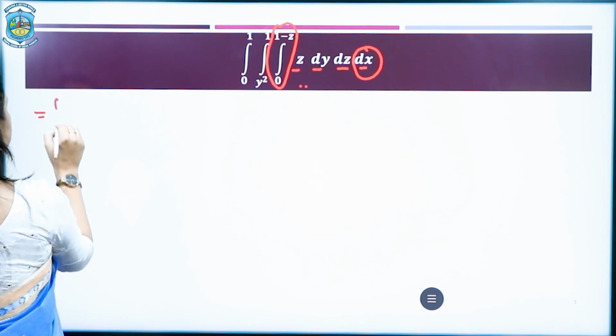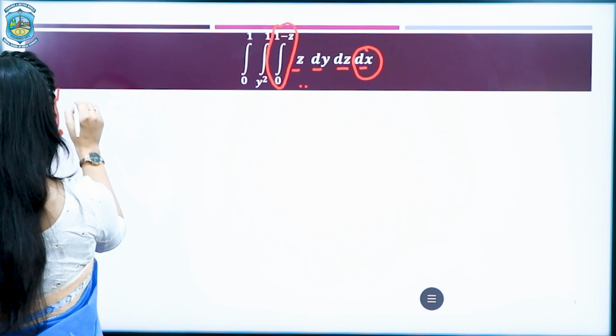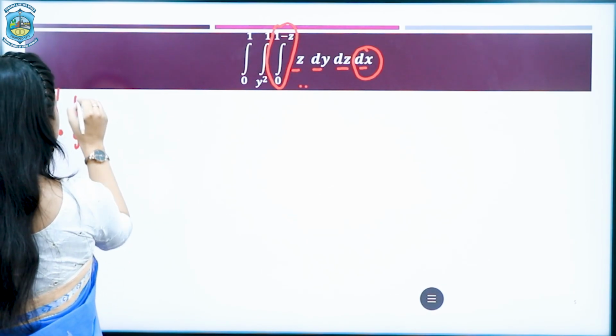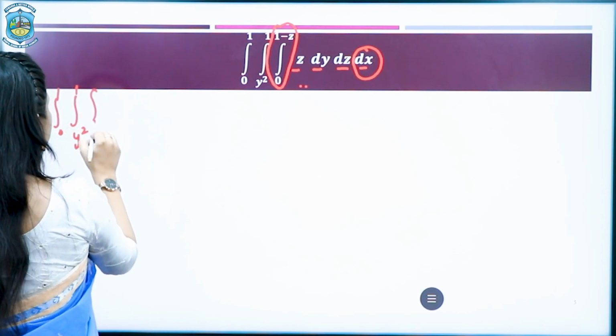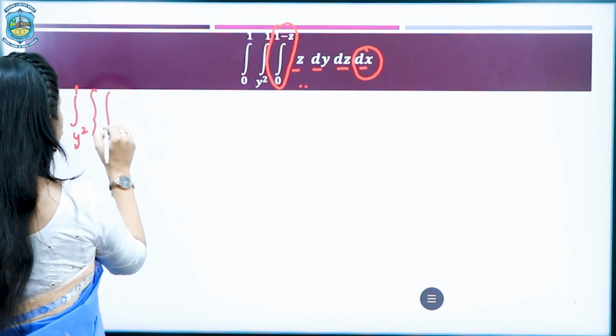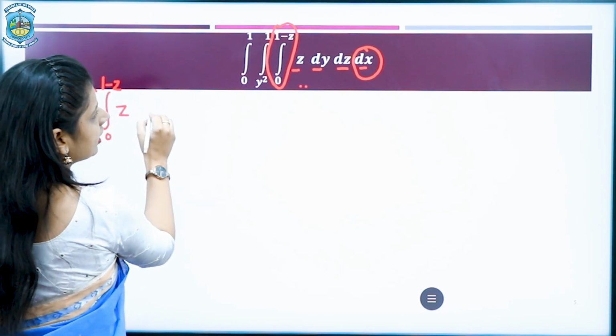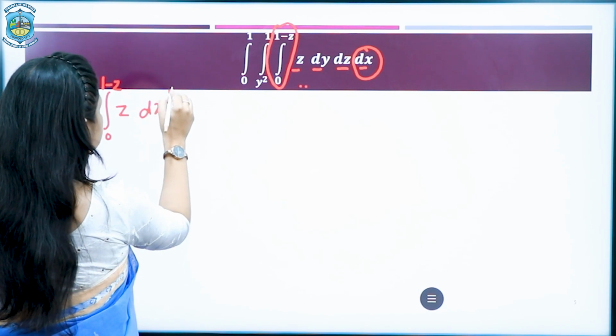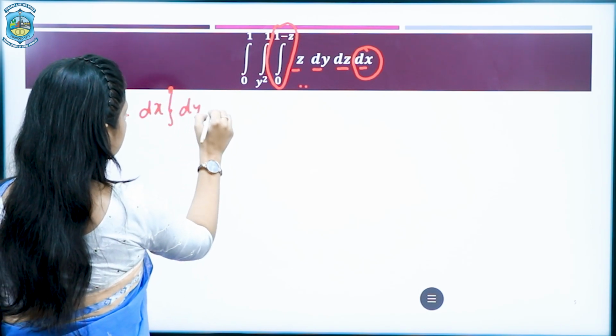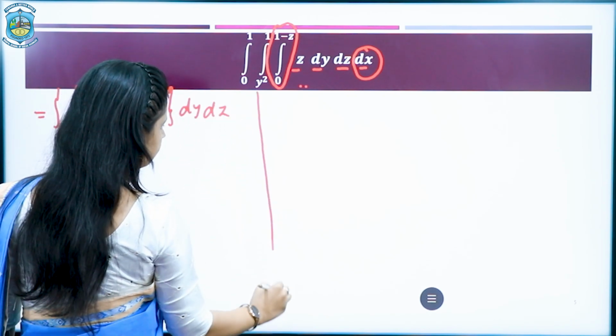So, this integral is integral 0 to 1, integration y square to 1. First we will integrate for 0 to 1 minus z to this function z with respect to x, then dy, then dz.